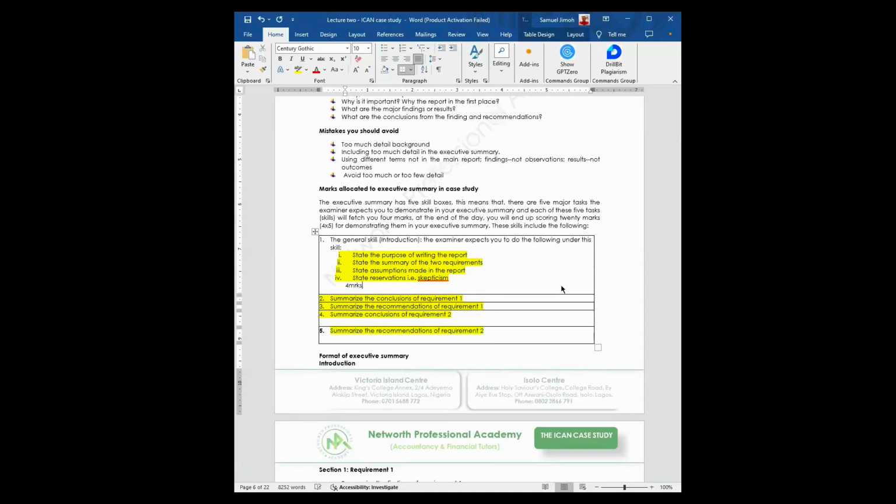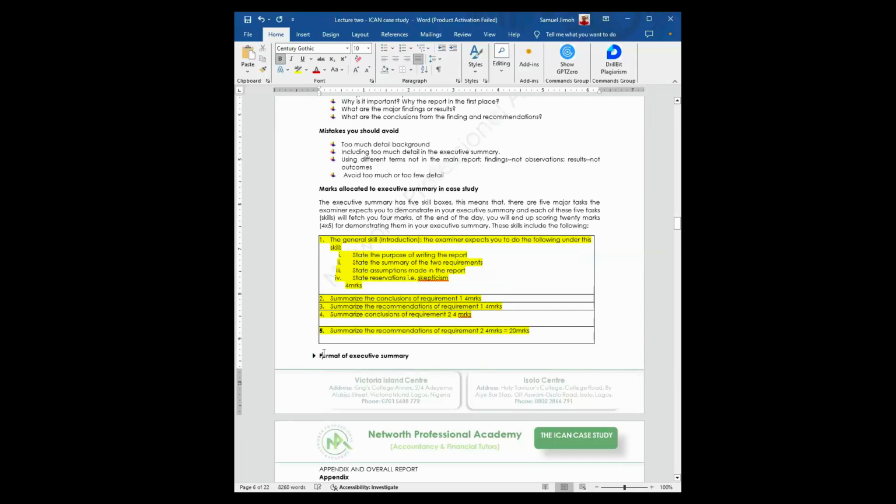If you have done this here, 4 marks, 4 marks here, 4 marks here, and 4 marks here. That should give us the 20 marks for executive summary. So anything you do outside these things means that you are only wasting your time.